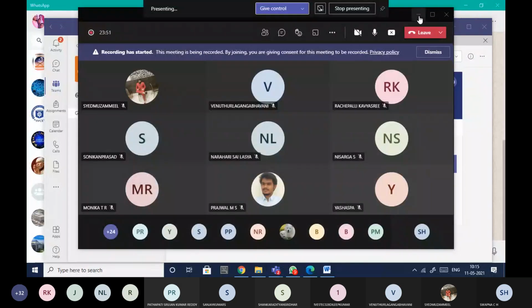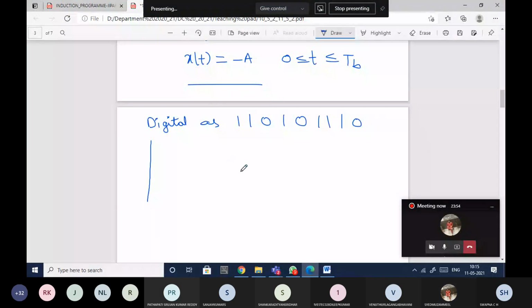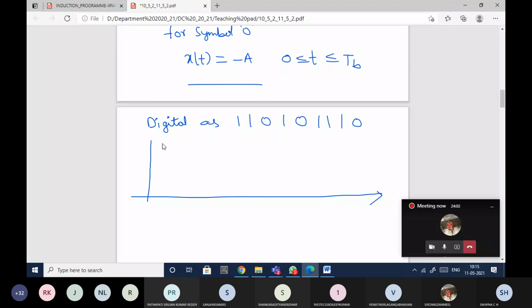Are you people able to see my screen now? Yes, ma'am. Okay, fine. Have you people finished drawing the format for this? Anybody has finished drawing this? It is so simple. It's not too tough. It's really simple.